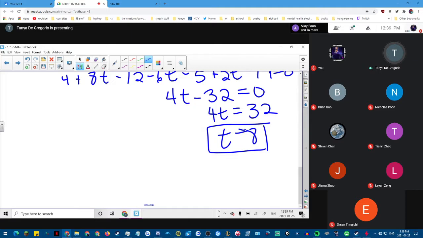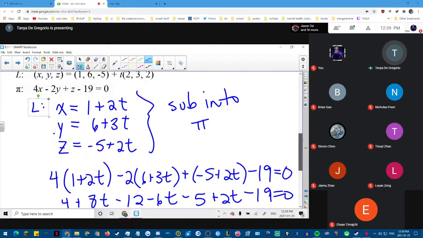And now I need to find a point. And I know that my t value is 8. And so I can go back to my parametrics and sub this in, and it will give me the point that intersects the plane. Because this is the value of t, right, that satisfies our Cartesian equation, which is our plane.